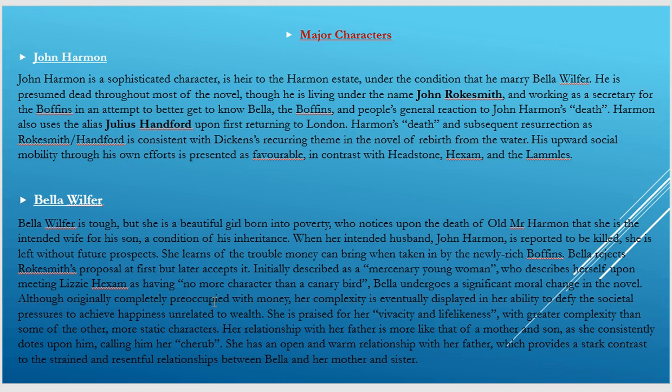Because she accepted John Rokesmith to marry her, even though he is from another class, and her complexity is eventually displayed in her ability to defy societal pressure. She rejected Mrs. Boffin's advice not to marry him, and she convinced John Rokesmith that she wanted to be with him, even though nobody agreed.